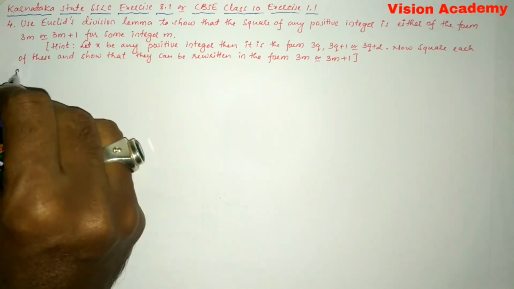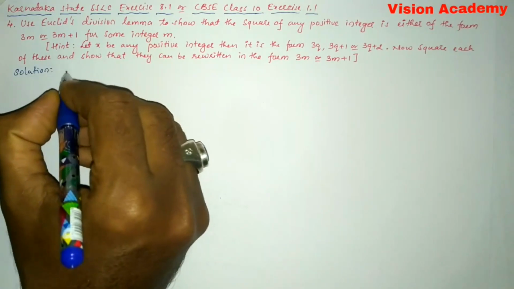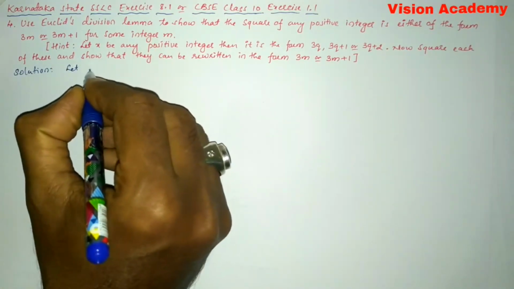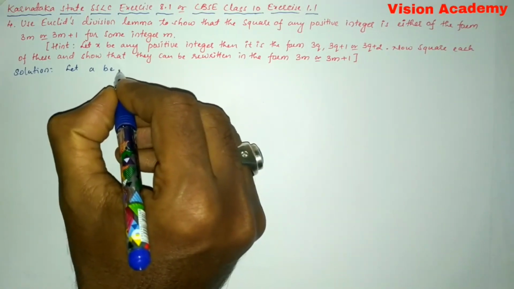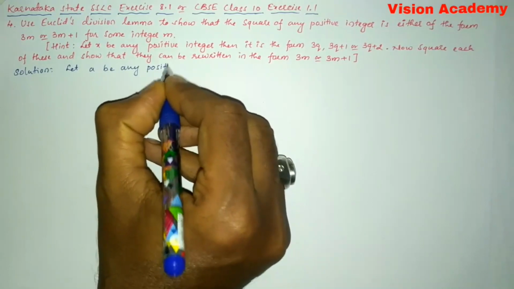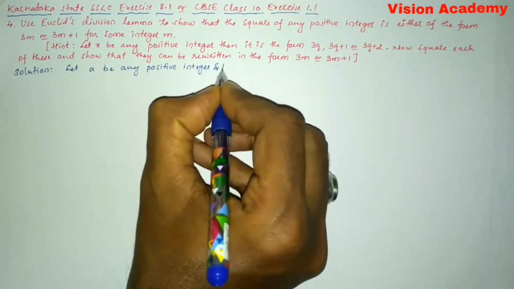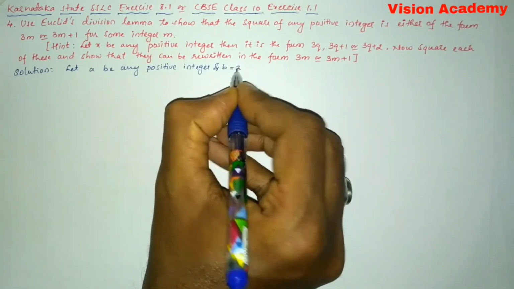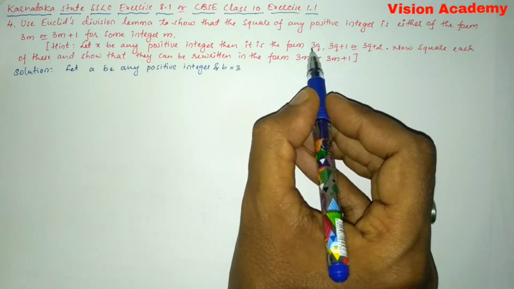Now let us find the solution for the given problem. Let a be any positive integer and b is equal to 3, because here the divisor is 3.